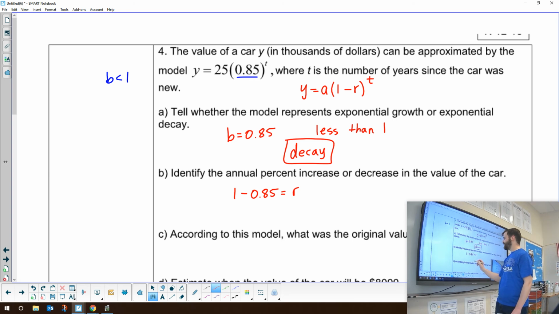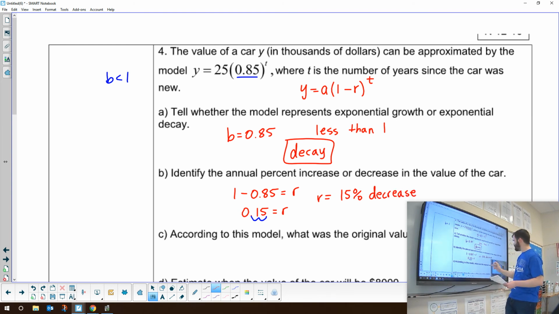So 1 minus 0.85 is 0.15. So my rate, we're going to change this to a percentage. My rate is going to be a 15% decrease every year. That's why a car usually isn't a very good investment piece.